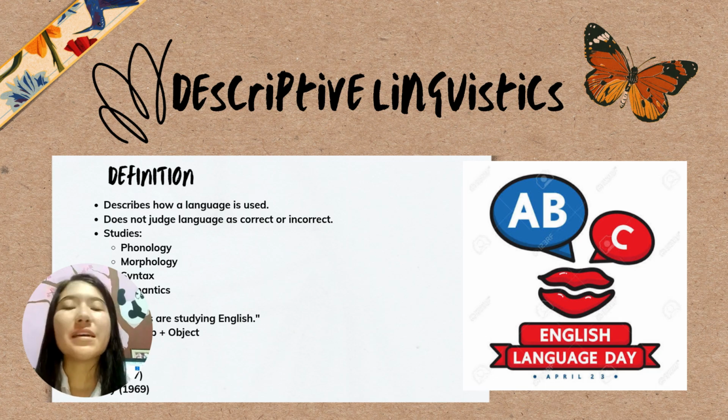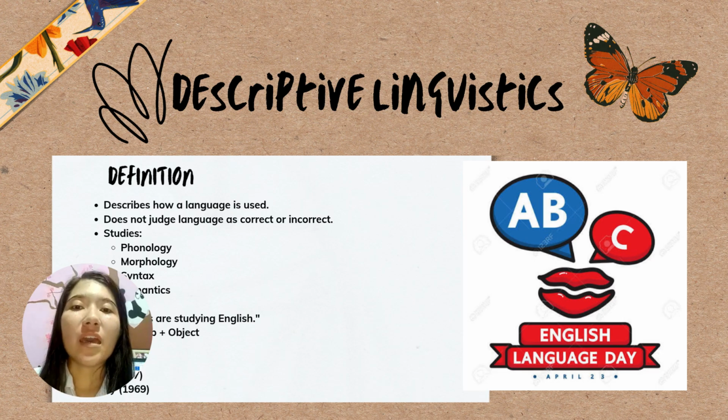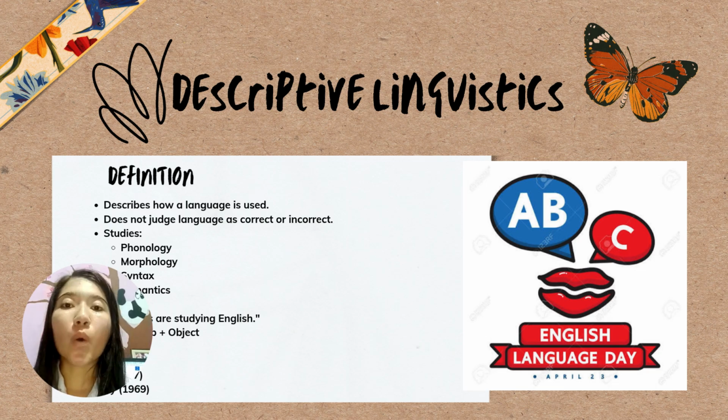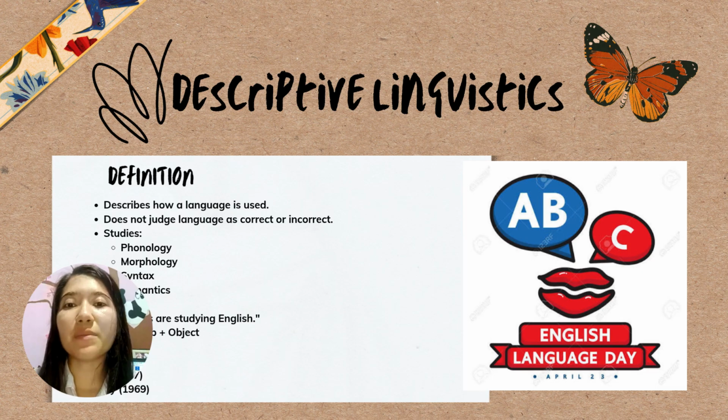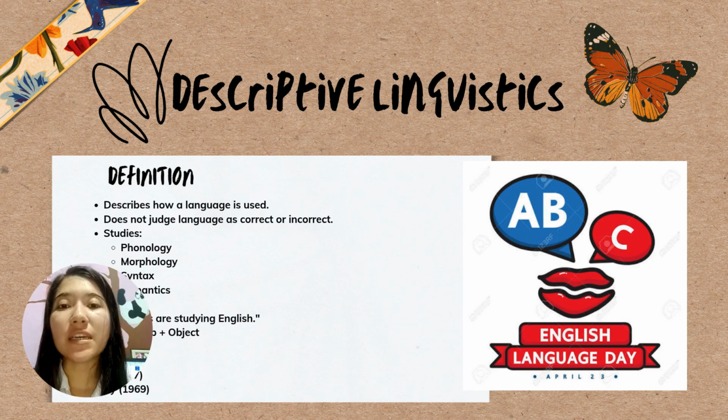This also explains that descriptive linguistics can be combined with comparative methods to better understand the language system, instead of deciding whether language is correct or incorrect. Descriptive linguistics explains how language works in real communication.